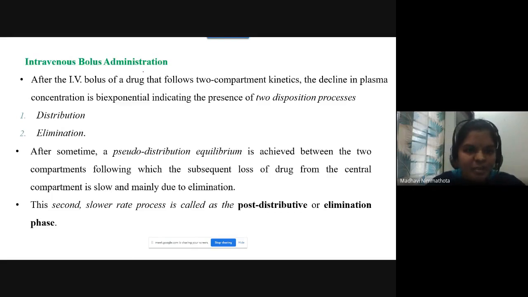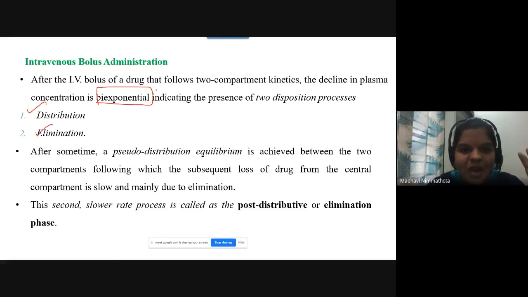IV bolus administration. After the IV bolus of a drug that follows two compartmental kinetics, the decline in the plasma concentration is bi-exponential. Why? Because here we have two disposition processes.